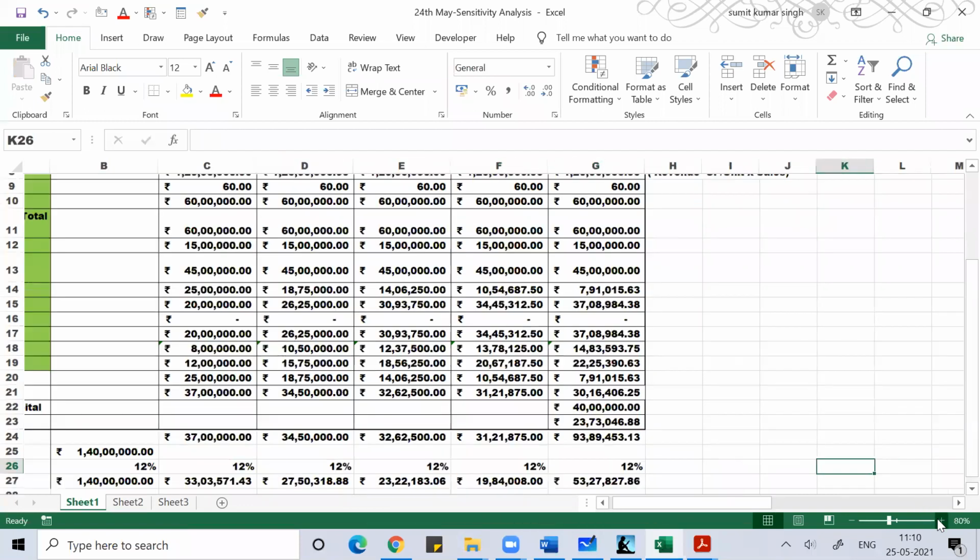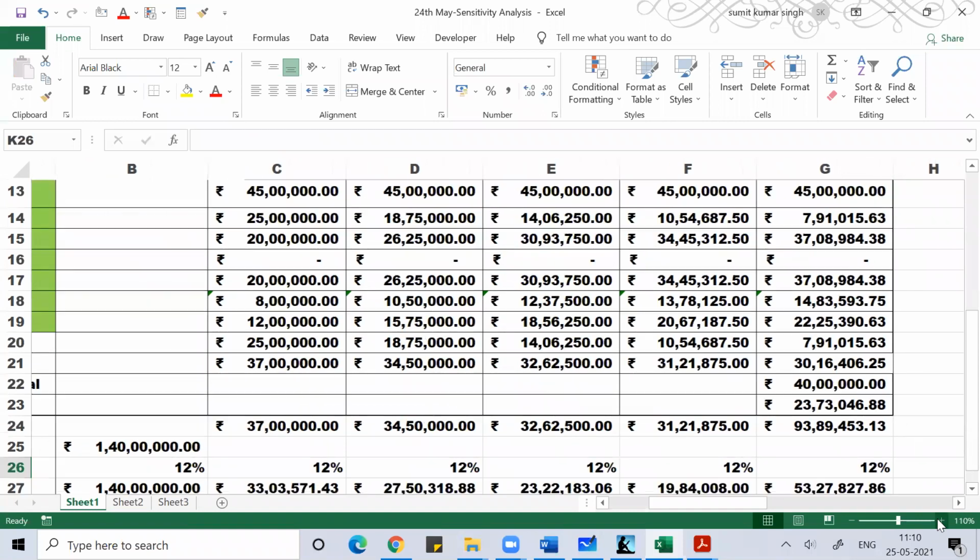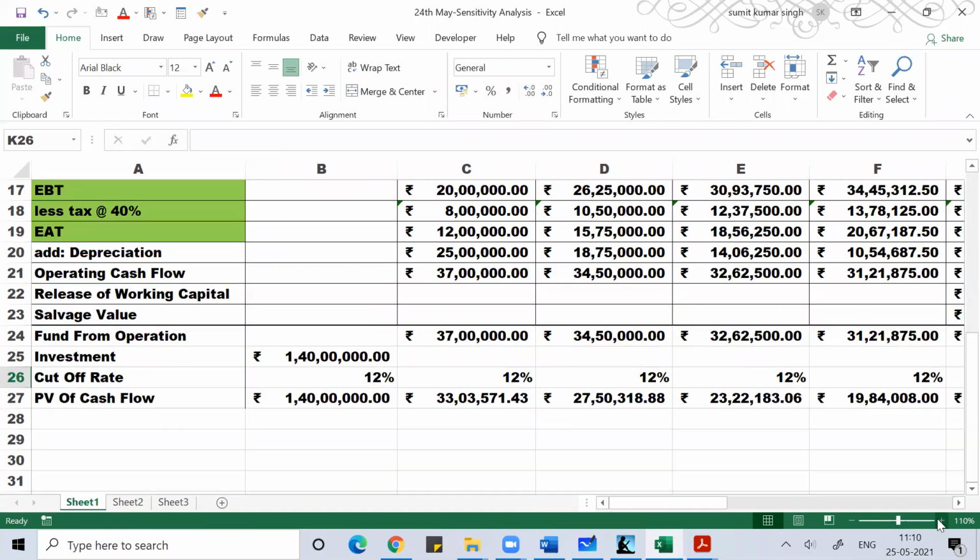So I just found the present value of this cash flow. I hope you're understanding. Present value, everyone understand, no? What is the present value of this? 37 lakh divided by 1 plus 12% to the power 1.